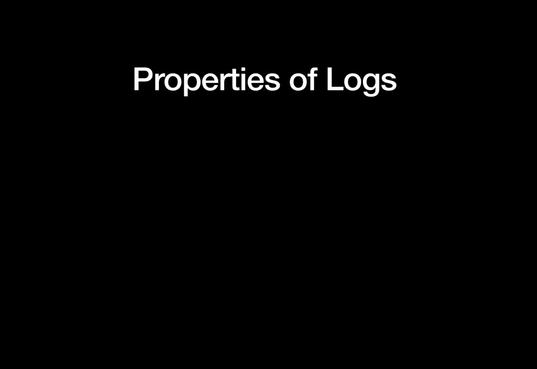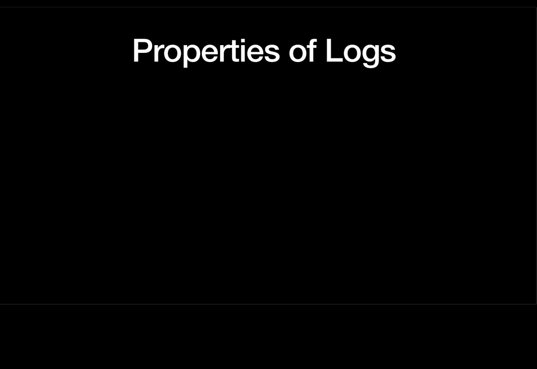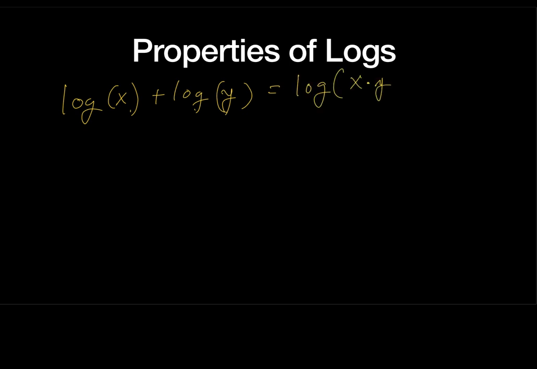Properties of logarithms are not a whole lot different, but now we're talking logarithms. Log of x plus log of y is the same as log of x times y. Sometimes we'll have this, and we'll convert it to this to solve.